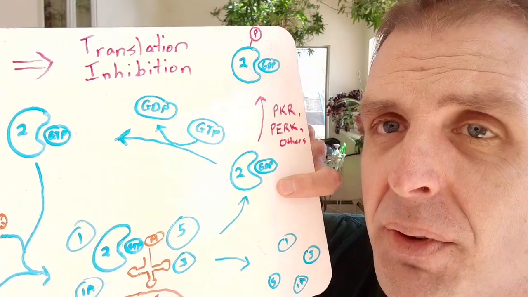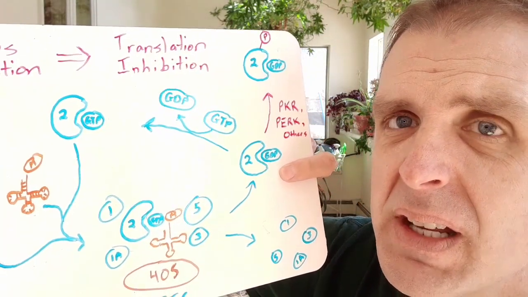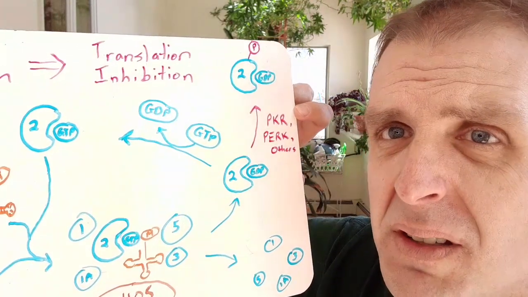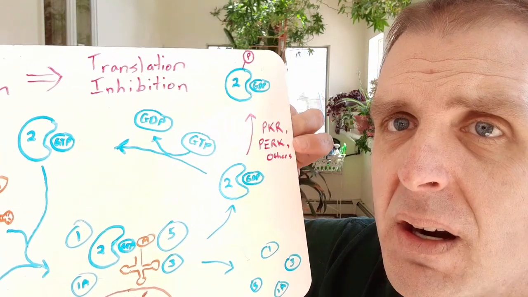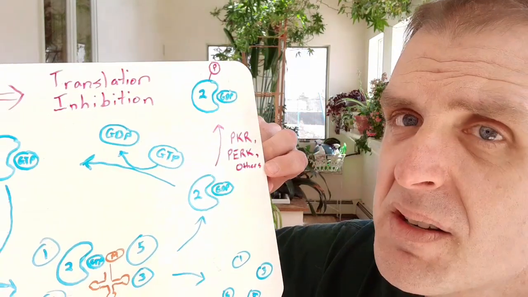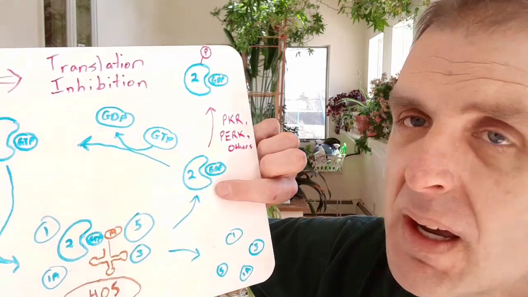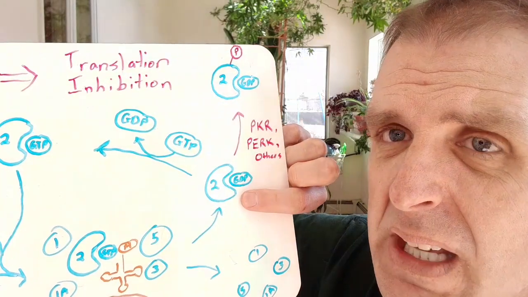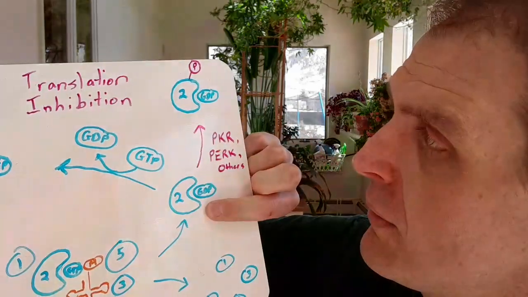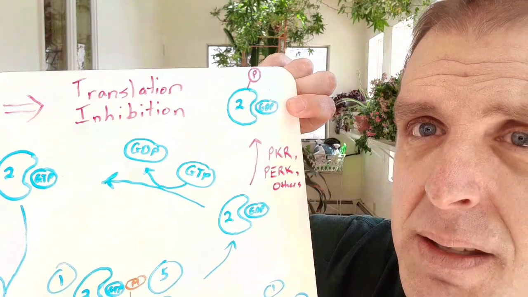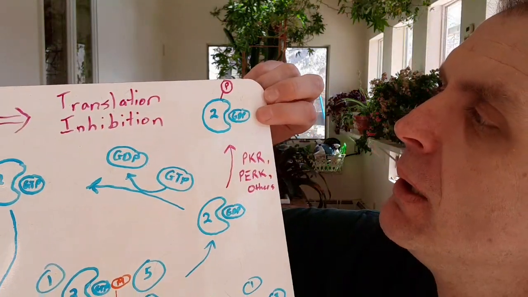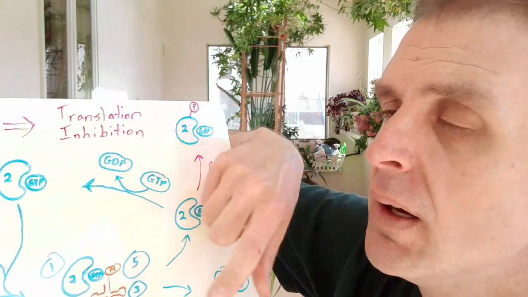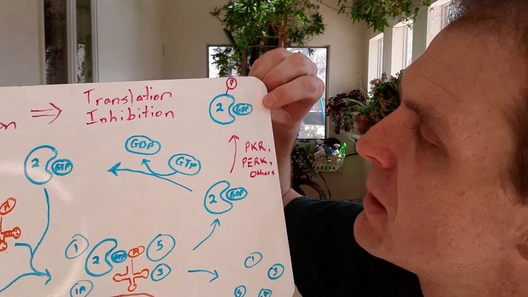But if the cell thinks that it has a virus infection, we mentioned that these kinases, protein kinase R and PERK, and there are some others as well, can phosphorylate eIF2. They do it at this point, where you have eIF2 in the GDP-bound form, and you cause the protein to get stalled and fall out of that recycling we were seeing before.